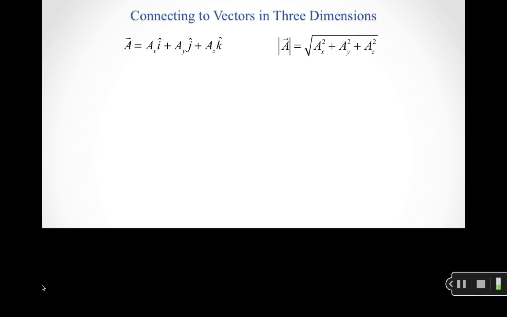So one of the things that we'd like to do is go ahead and plant the seed now in terms of how you go from what we're doing in the first semester physics course to what you're going to need to do in, say, a statics class, for those of you who have to take statics, where you're not going to deal in 2 dimensions, you're going to deal in 3 dimensions.